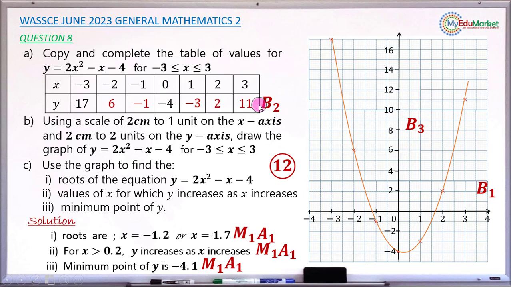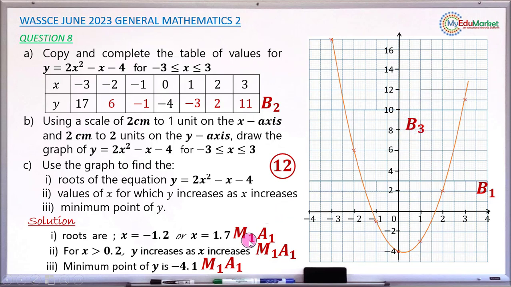So the next mark is drawing the axes accurately using the given scale for the x and y axes. You have this bonus 1 mark. And when you plotted the points on the table and joined them using a smooth curve, you have this B3 marks, you have 3 marks. And for any point that is wrongly plotted, it is going to be minus half a mark.